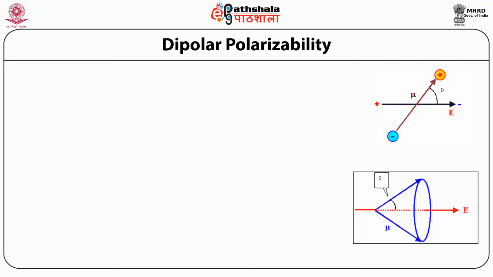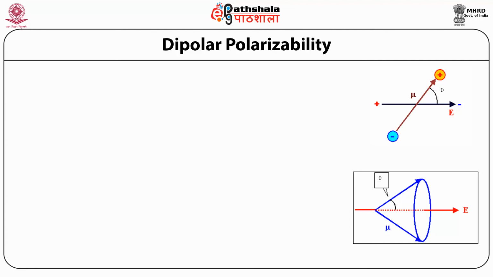This highlights that the orientation of all the dipoles is just a little bit shifted towards the field direction, leading to an average non-zero dipole moment in the direction of the applied electric field. You can see this in the figure on the top side of this slide.